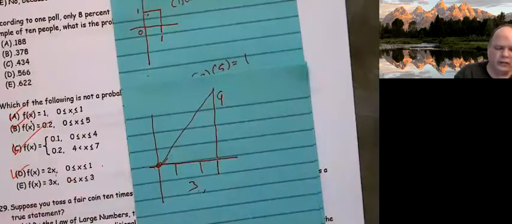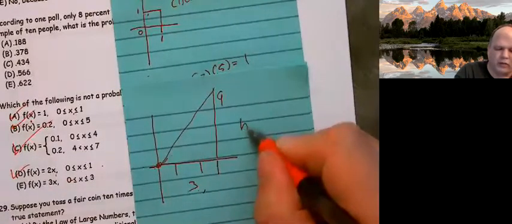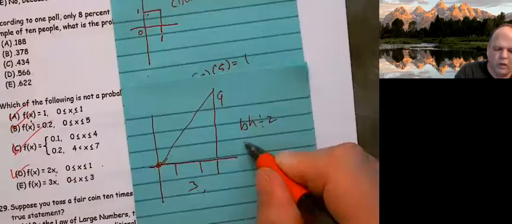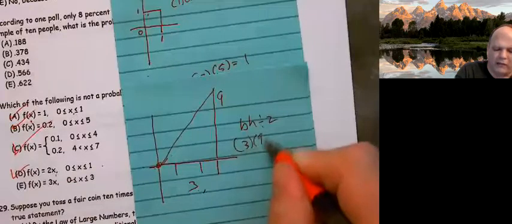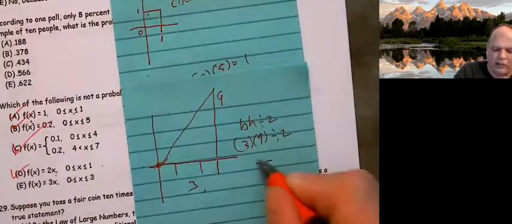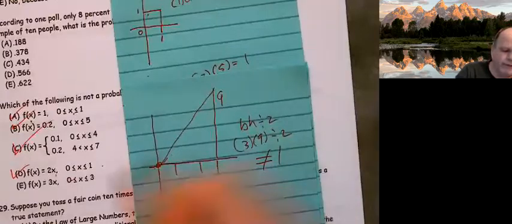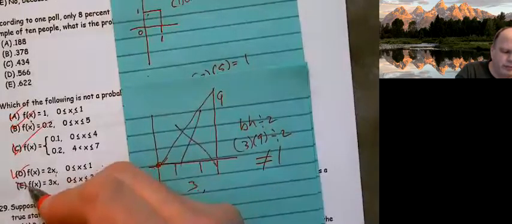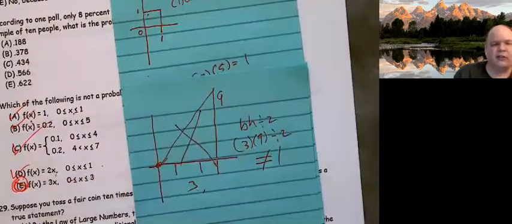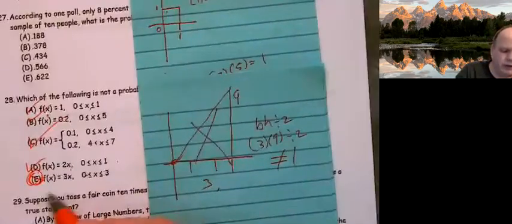And that's my base. Once again, we have a triangle. Base times height divided by 2. So 3 times 9 divided by 2. And that does not equal 1. Therefore, this is my answer. It's not a valid probability density function.